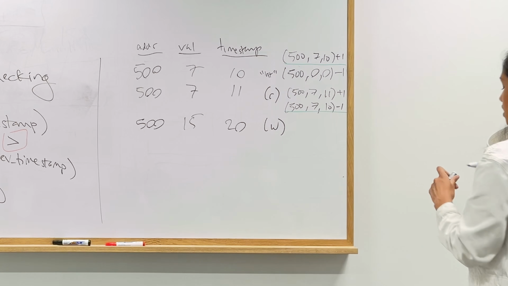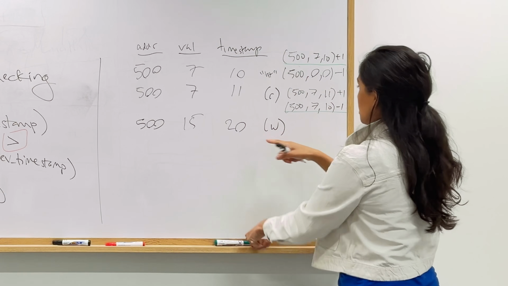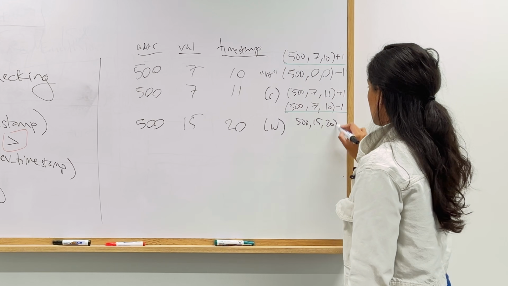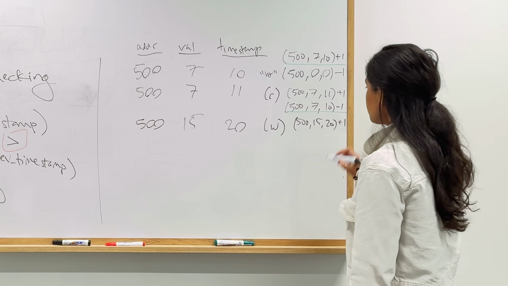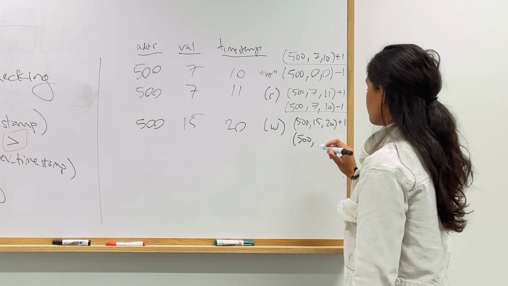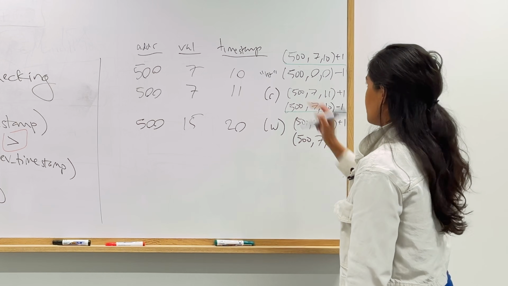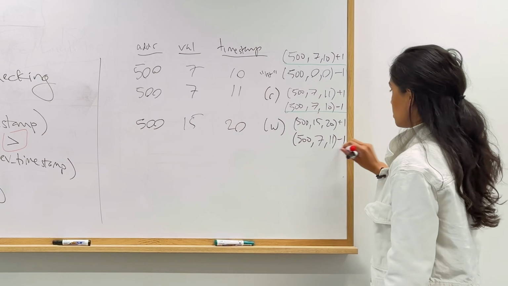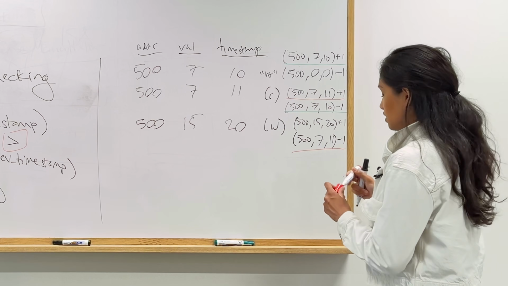Those two cancel out. And then here we add 500, 15, 20 with +1, and we subtract 500. The previous value was 7, and the timestamp was 11 with -1. And you can see that this guy here cancels out this +1 here, right?